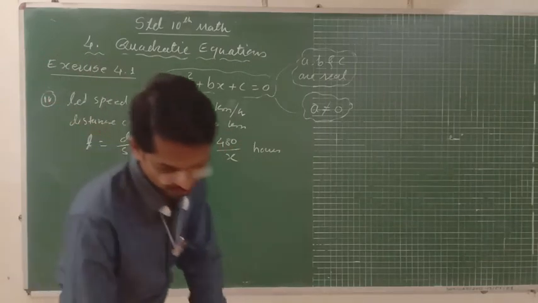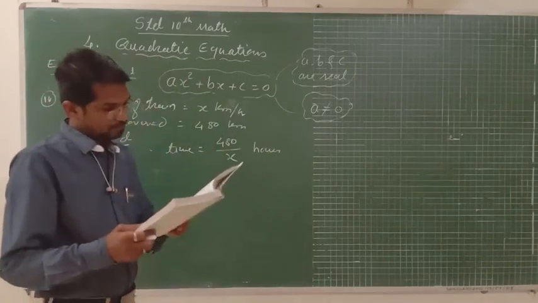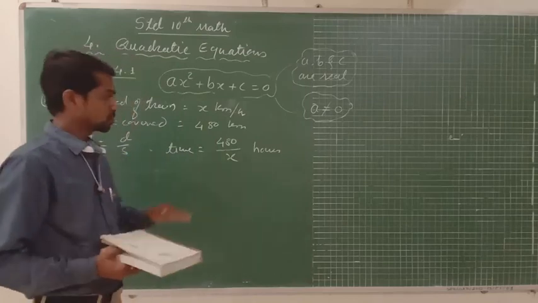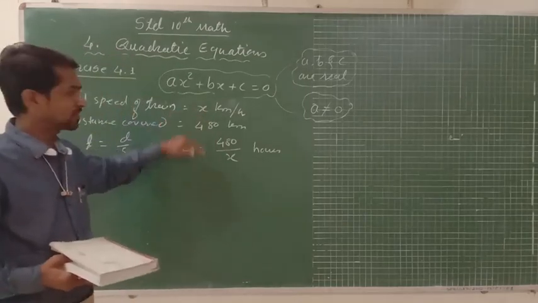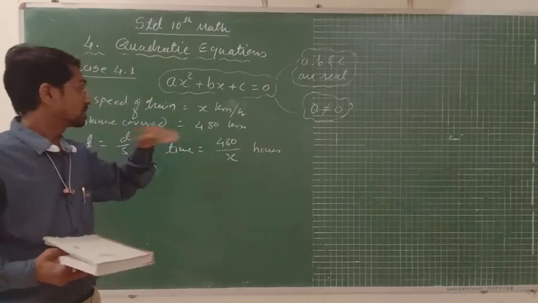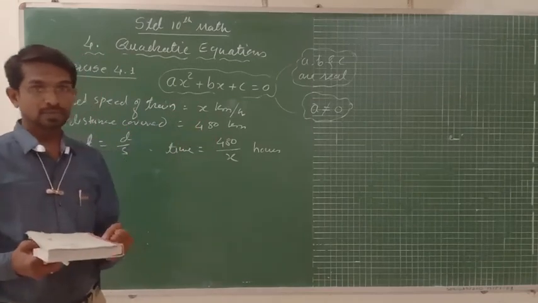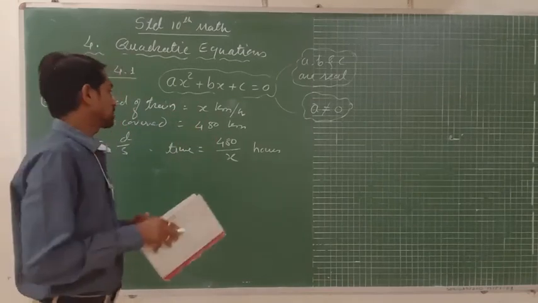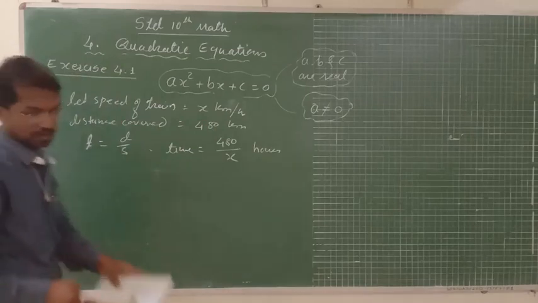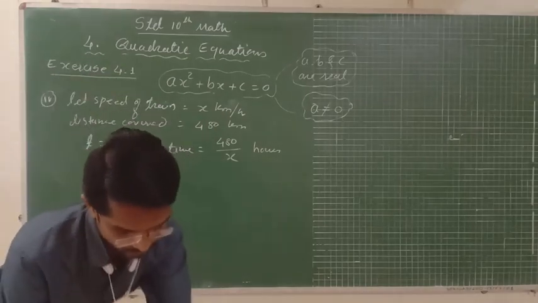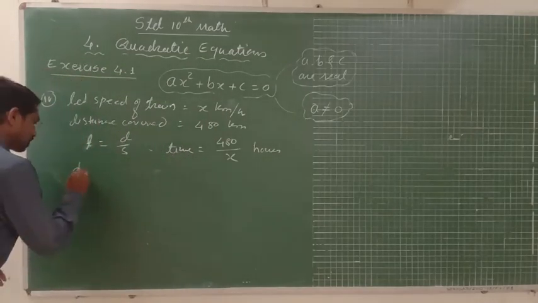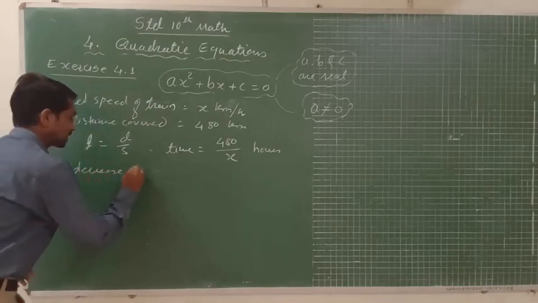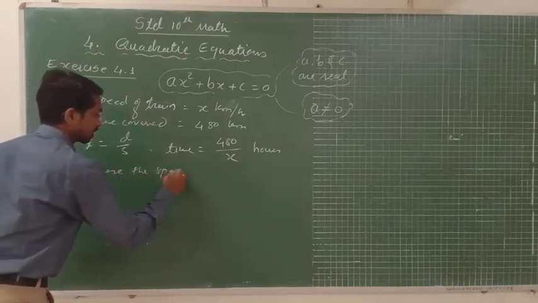Now the condition is given again, but the speed is decreased. If the speed is decreased from x, definitely the train takes more time to travel the same distance. So decrease the speed.